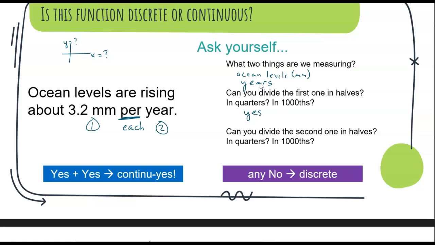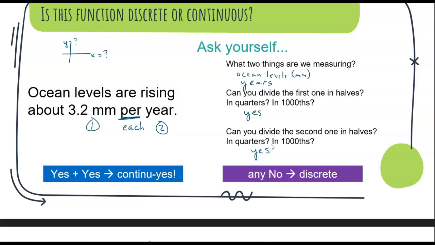How about years? Are years divisible in halves or quarters? Yeah, sure, we can have half a year. We can have a quarter of a year. We can have 100th of a year. We could even have 1,000th of a year. It'd be less than a day. But we can divide time infinitely as well. So we can divide both lengths and time infinitely.